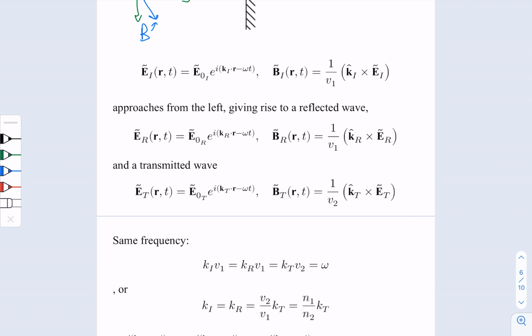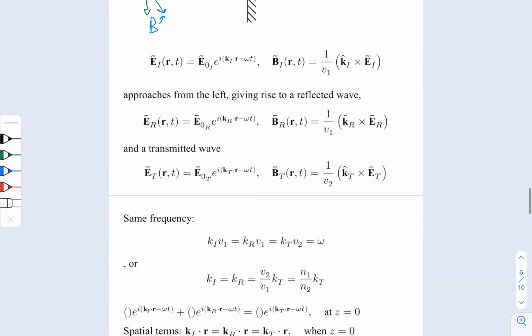If not, then as you propagate in time, the relations cannot be satisfied. That is similar to the normal incidence case, or similar to waves traveling on a string.